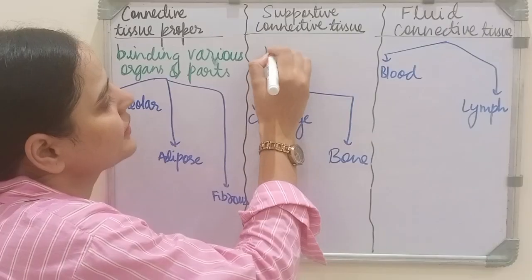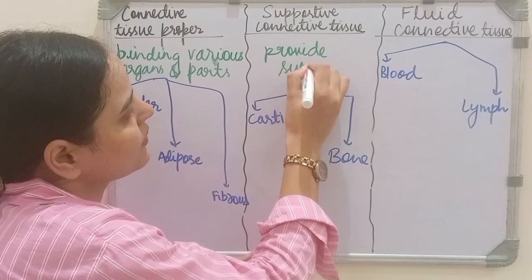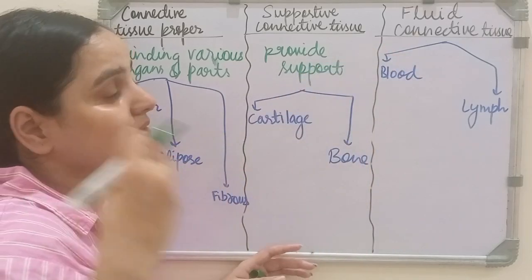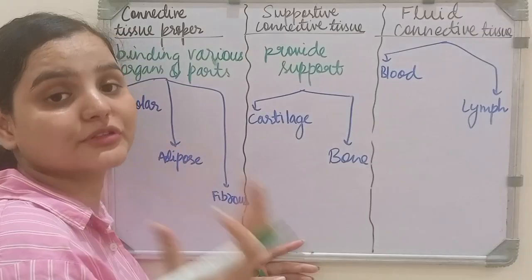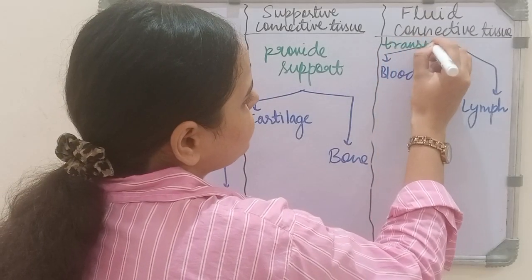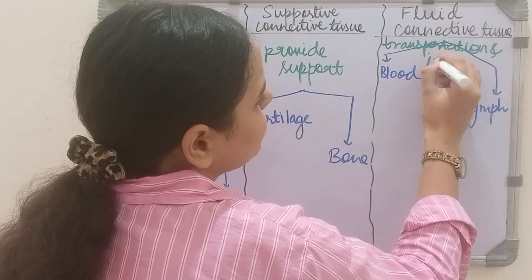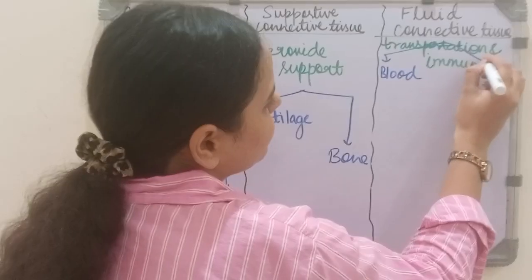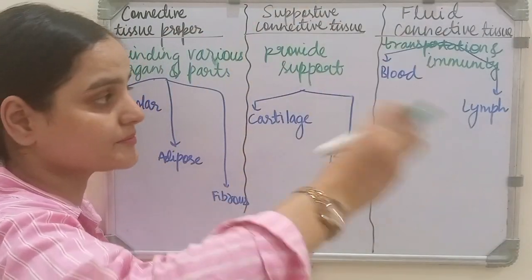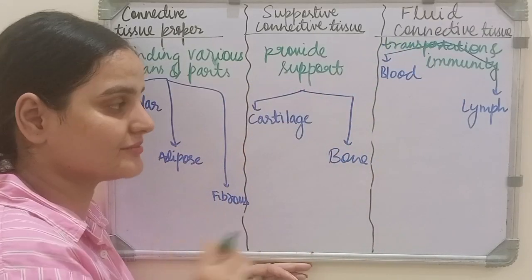They provide support to various parts. Now, fluid connective tissue has the function of transportation and immunity. They carry substances from one place to another, and they provide immunity because of the presence of certain kinds of cells. We are going to study that.